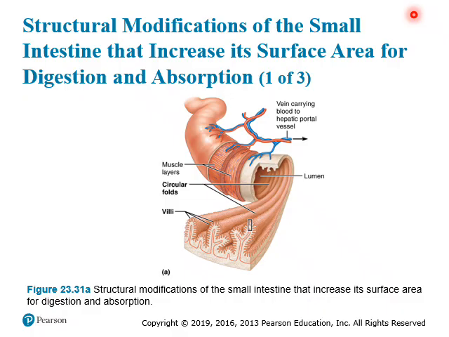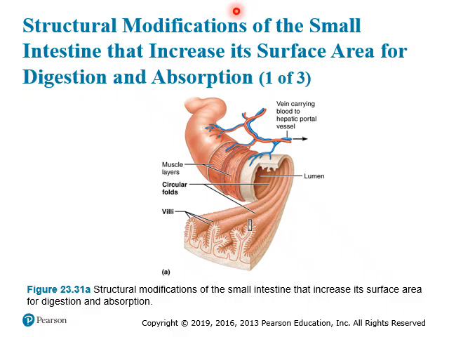And so these modifications, just like I mentioned, the circular folds or the plicae circularis, can force the chyme to slowly spiral through the lumen, allowing more time for nutrient absorption. Meanwhile, there are the smaller folds, which are the villi, which are microscopic.